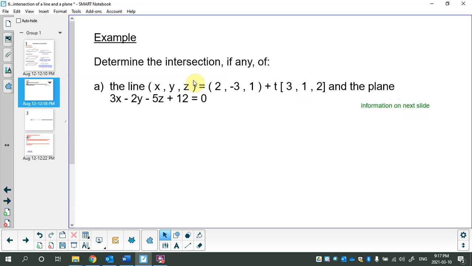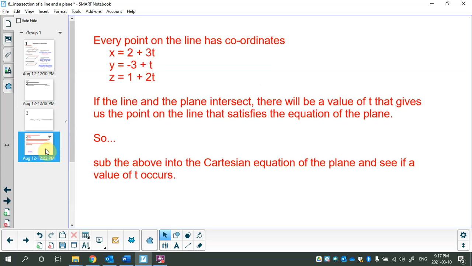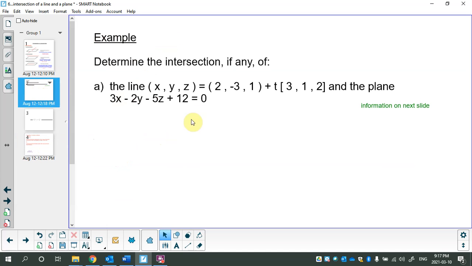I know it's a line because I've got an x, y, z vector equation, a point, and a direction vector, rather than two direction vectors, which is for a plane. And then I've got a plane, and this is in Cartesian form, so scalar form. Let's see what my little helpful hints say. Totally not helpful. Let's go back.